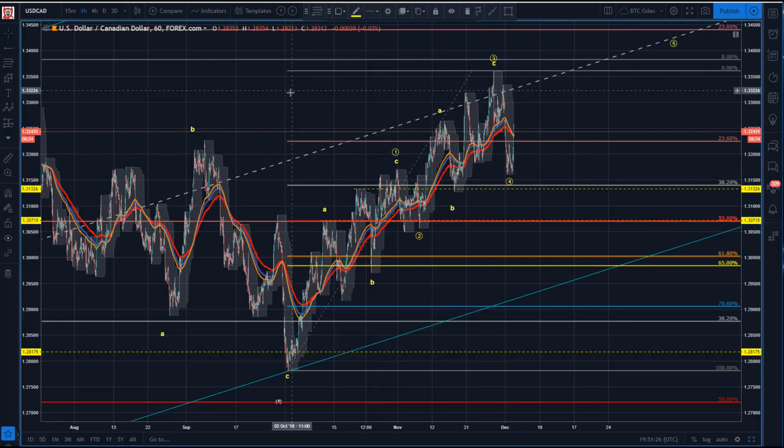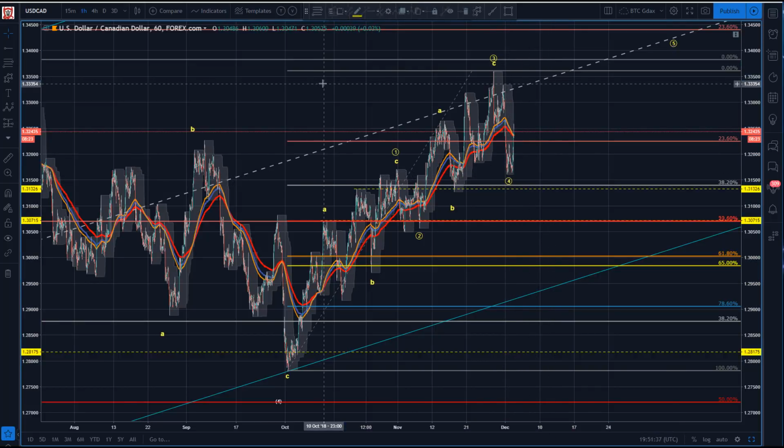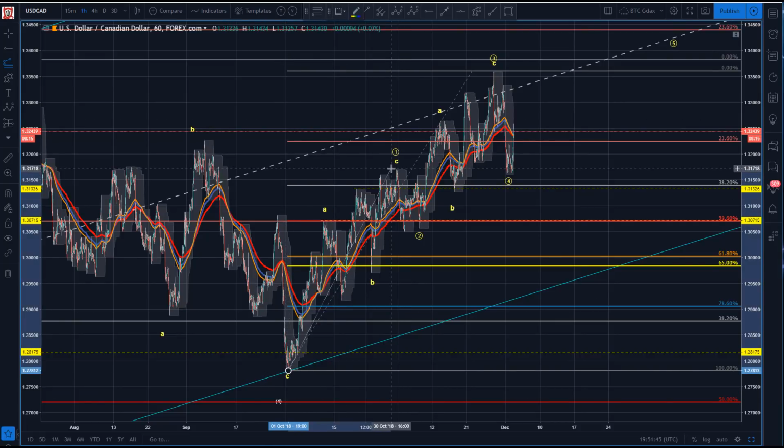Unless we come down, this could be relabeled if we're just going A, B, C, and this is the B, and then we're going to go down again. It's suspect, right? So 1, 2. It looks like the extension's in the 1, of course. We can just eyeball it here. So if that's the 2, we get a truncated C. We didn't quite get there.